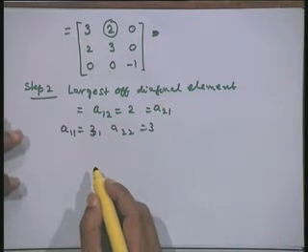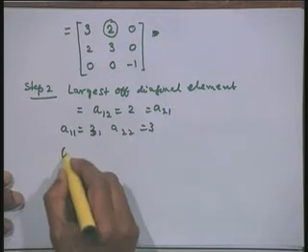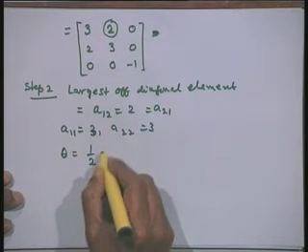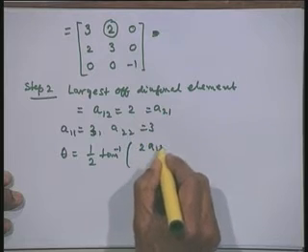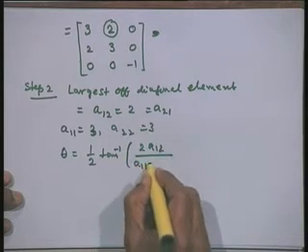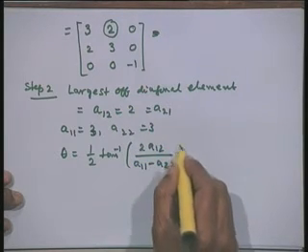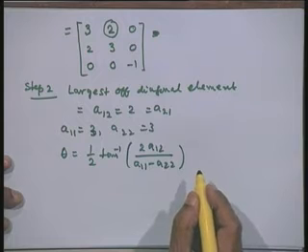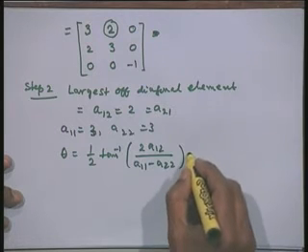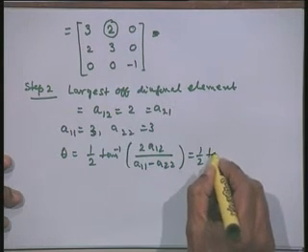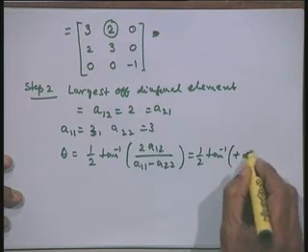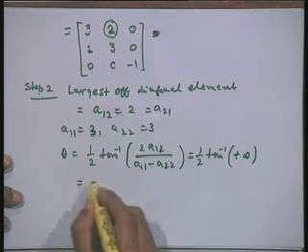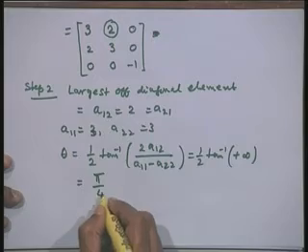I again determine my value of theta from here. Theta will be equal to half tan inverse 2 times A12 by A11 minus A22. Again this is plus infinity, A12 is positive, therefore I have the value as pi by 4 again.